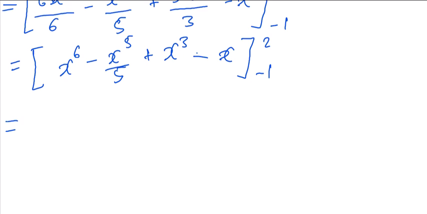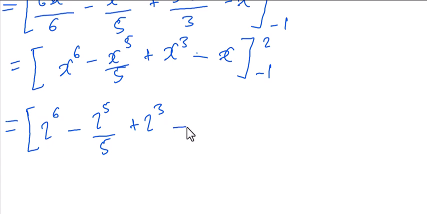So I'm going to say open bracket, we start with this one: 2 to the power 6 minus 2 to the power 5 over 5 plus 2 to the power 3 minus 2.